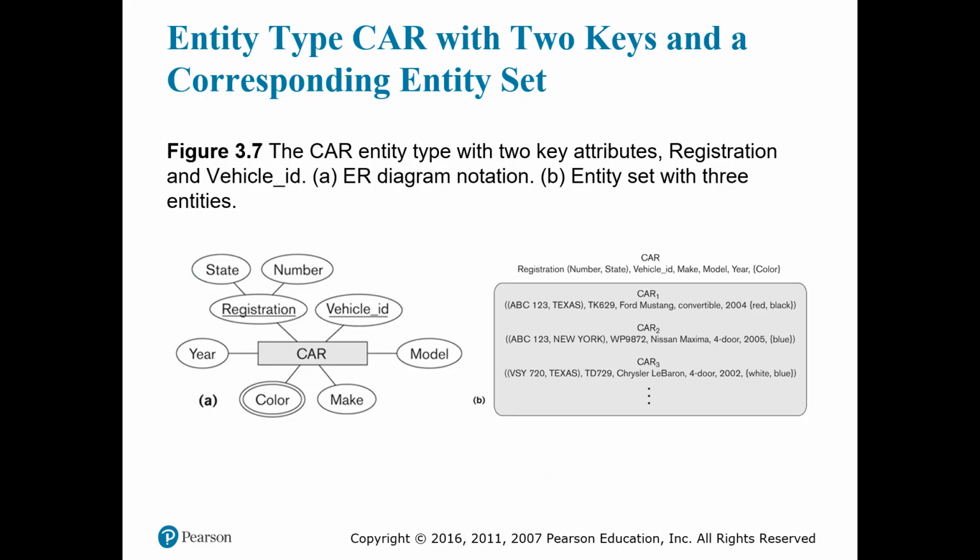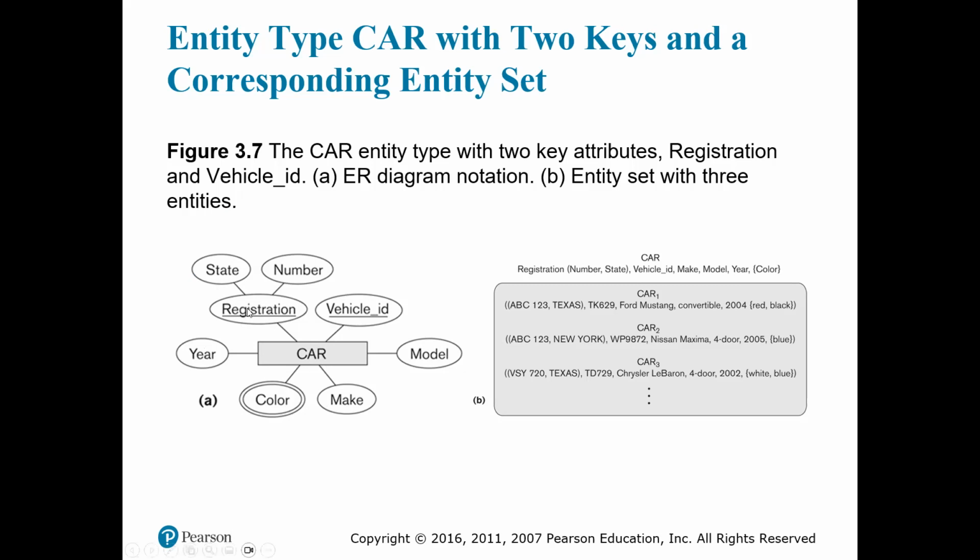For example, we've got a car. There are a few examples of attributes on this diagram. It's going to have a model. It's going to have a year, but it might have more than one color, so colors is in a double oval. It's going to have only one make. It's going to have a registration and a vehicle ID number, or VIN, vehicle identification number.